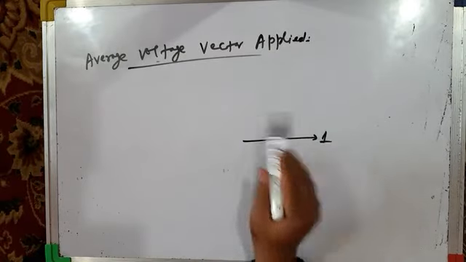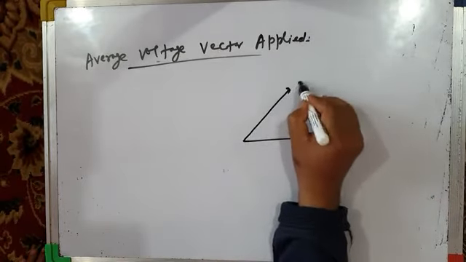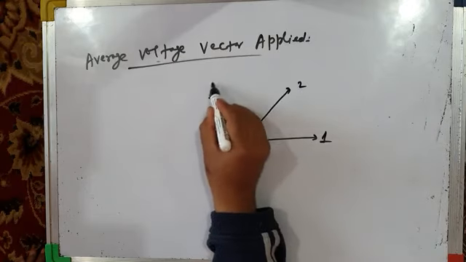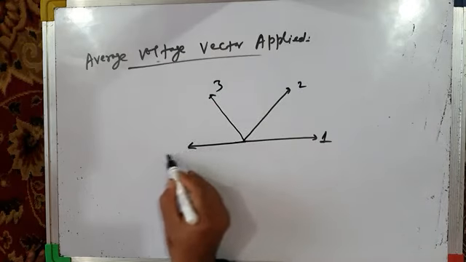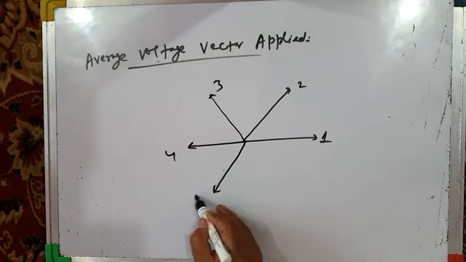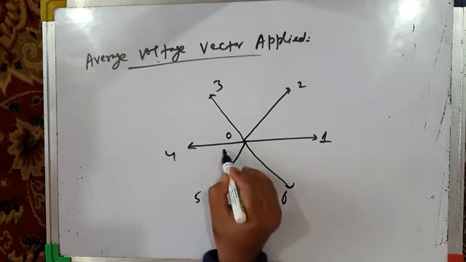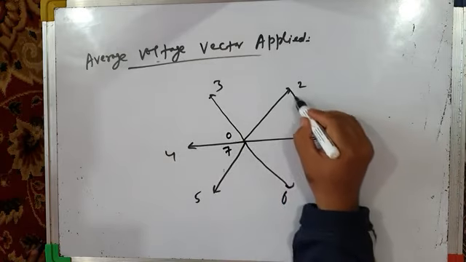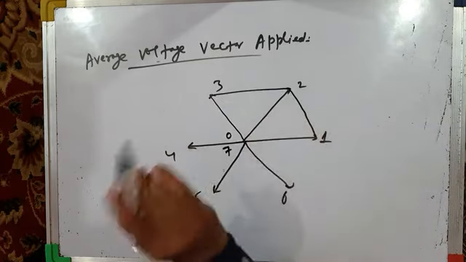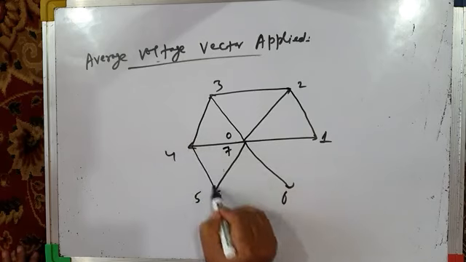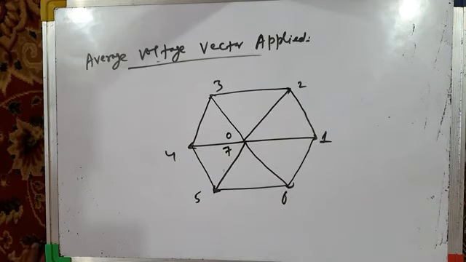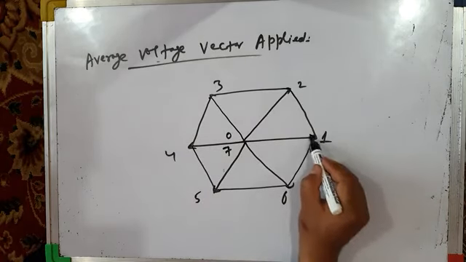This is active vector 1, active vector 2, active vector 3, active vector 4, active vector 5, and finally active vector 6. This is null vector 0, null vector 7. So this is our hexagon. Our reference vector starts from active vector 1.